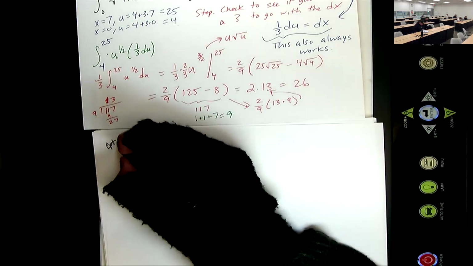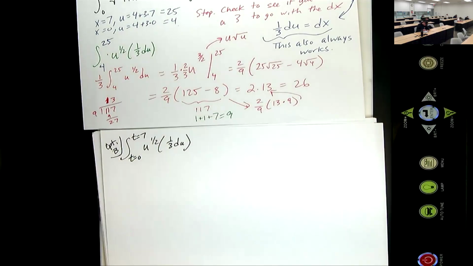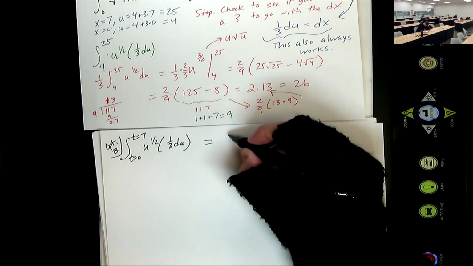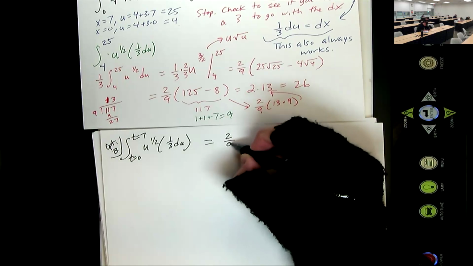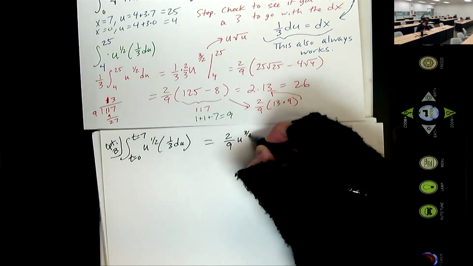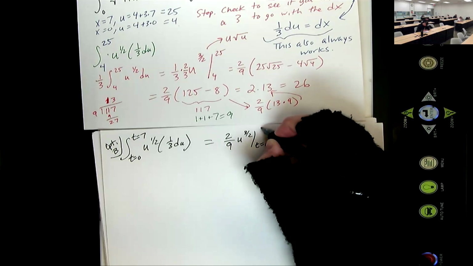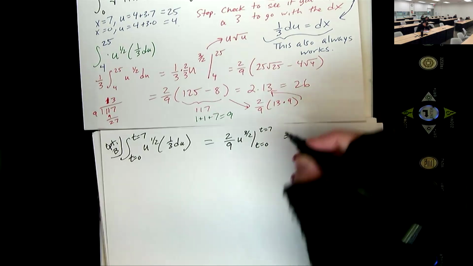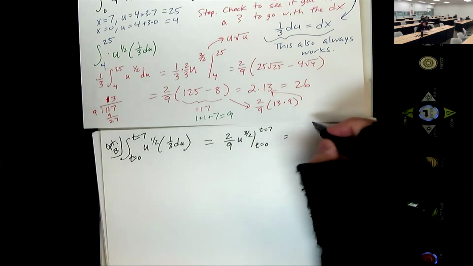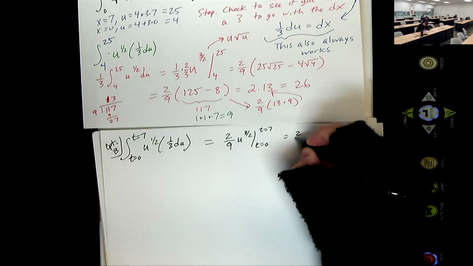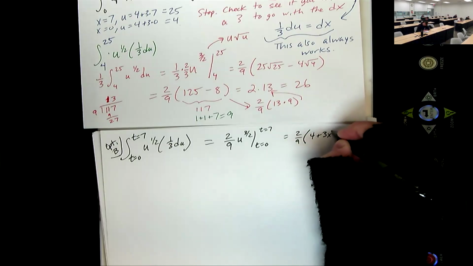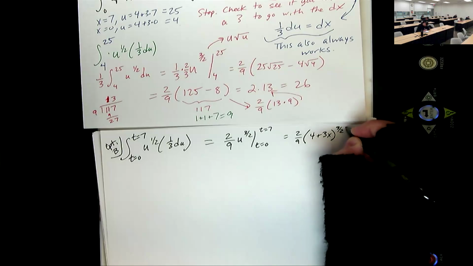Option B. You end up getting the same thing here: 2/9 u to the 3/2 from t equals 0 to t equals 7, which is 2/9 times 4 plus 3x to the 3/2 from 0 to 7. Now I don't need the t.